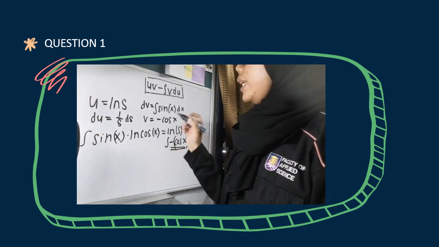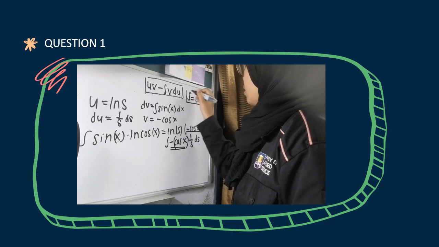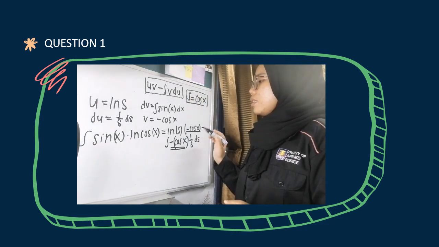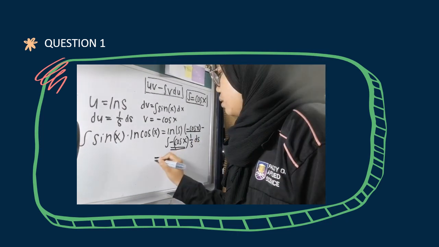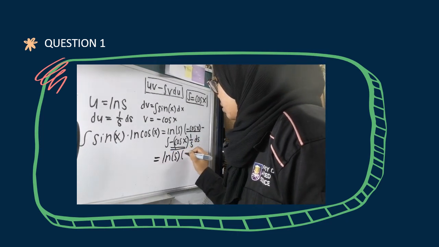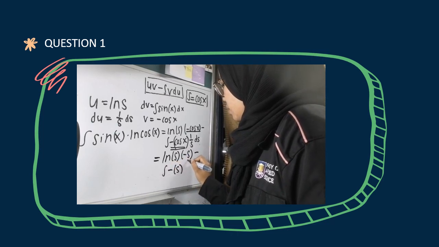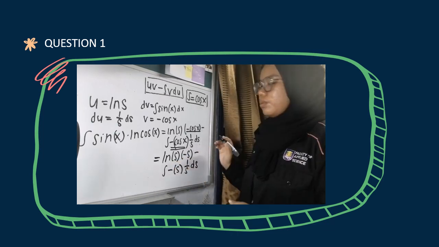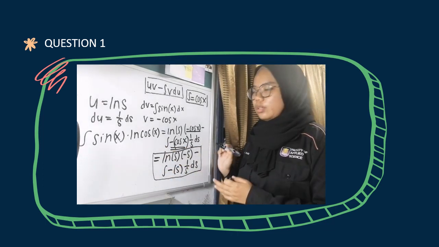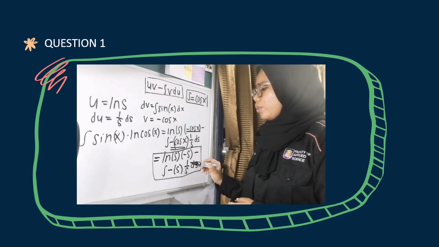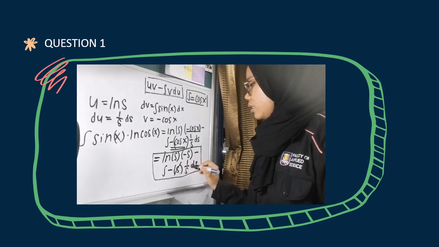As previously stated, s is equal to cos x, so we can change this negative cos x into negative s to simplify the equation. We get s times negative s minus the integral of negative s over s ds. So we can simplify s times 1 over s.